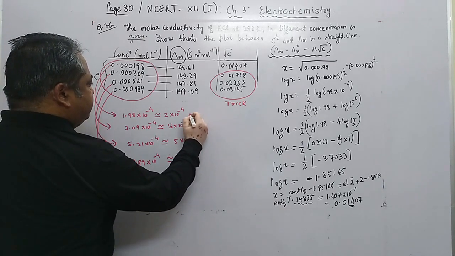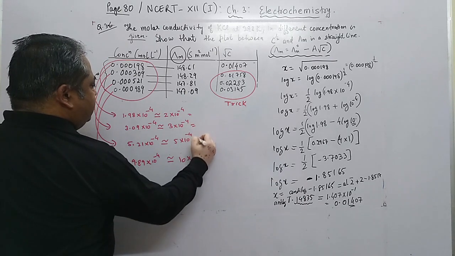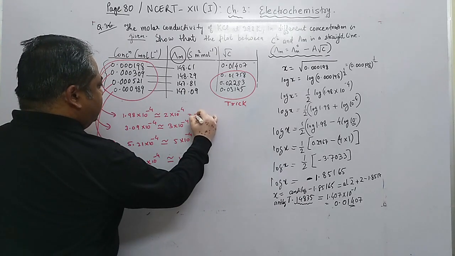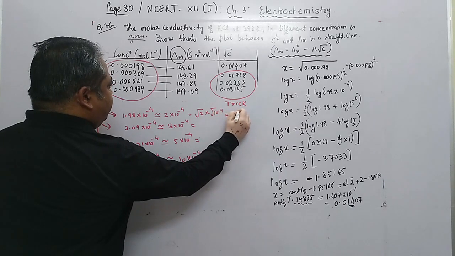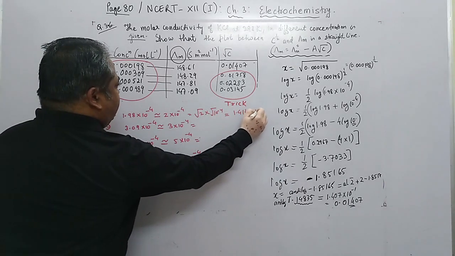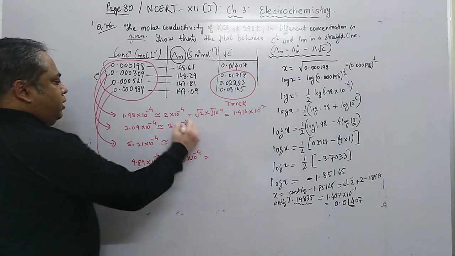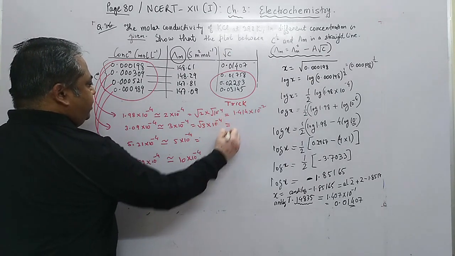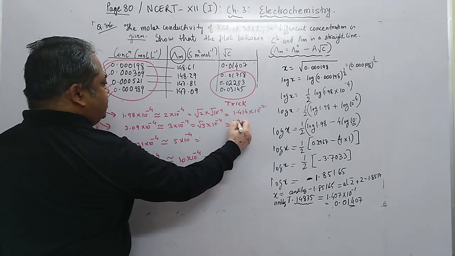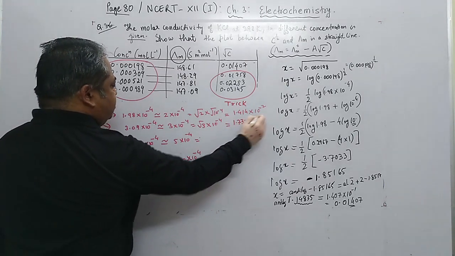If you have to find the root of all these, root of 2 into 10 to the power minus 4 will be 1.414 into 10 to the power minus 2, and root of 3 into 10 to the power minus 4 will become 1.732 into 10 to the power minus 2.